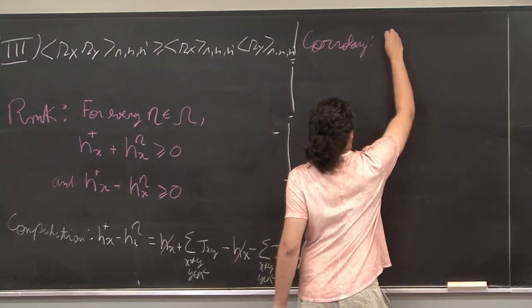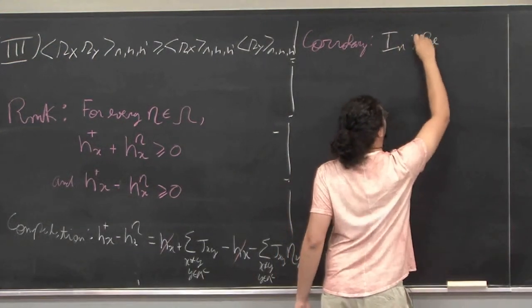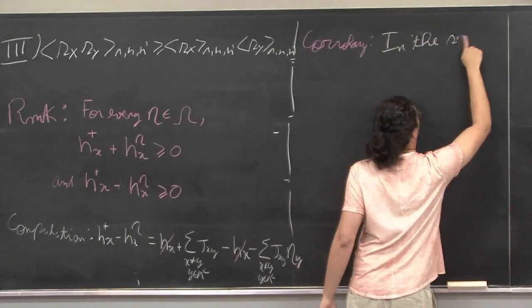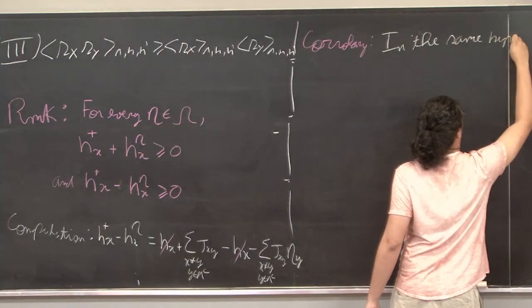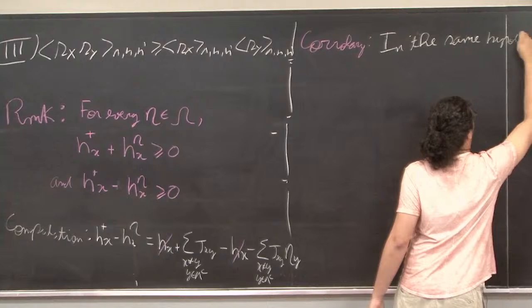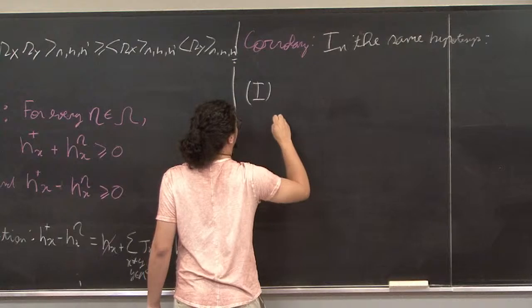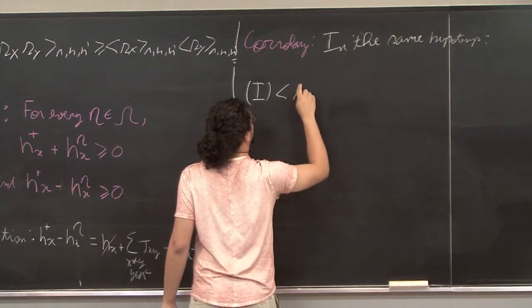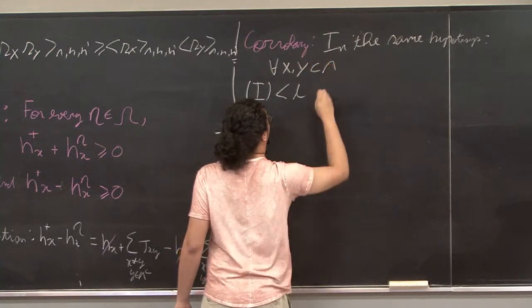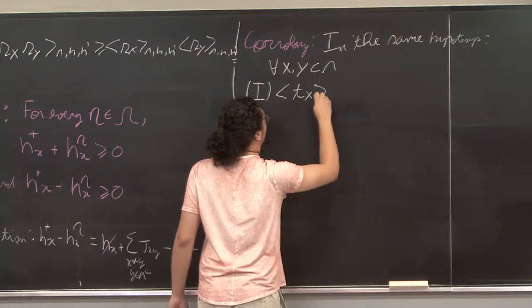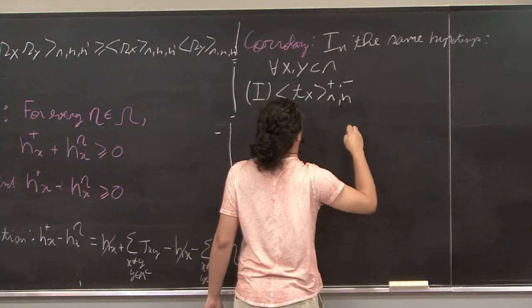Again, in the same hypothesis, we have one negative rho x and y on lambda dx plus and minus h on h.